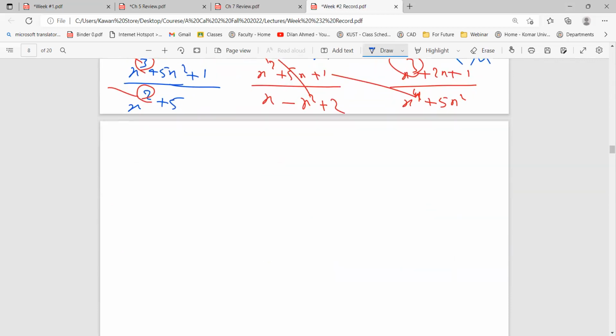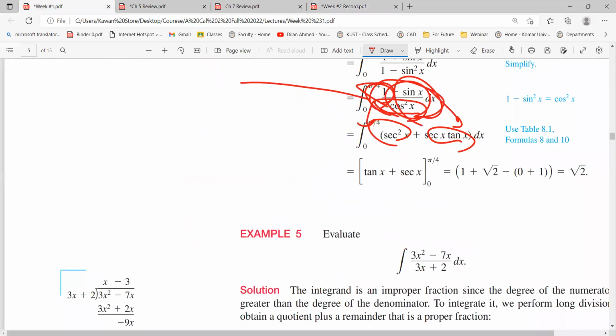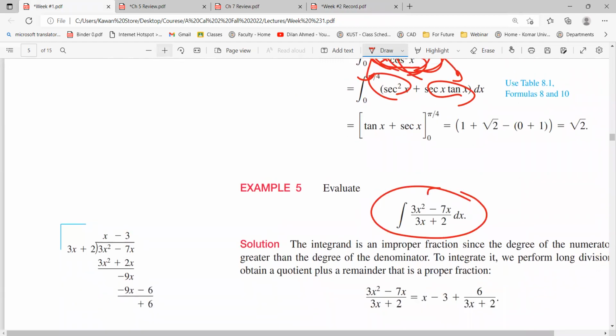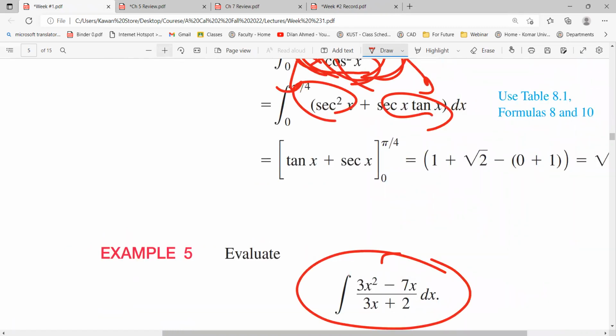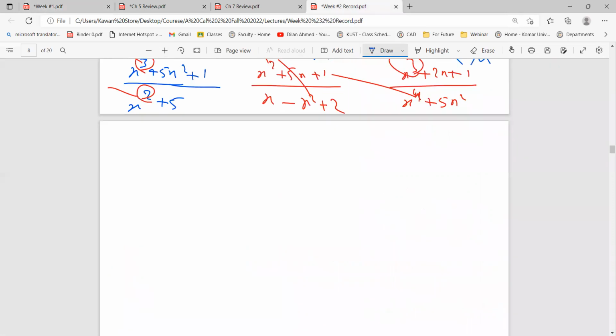So for now, I have such an example. Look here, which case do I have? Is the numerator or the denominator greater or less? The numerator is greater, right? So I'm going to use what? Long division. How do we solve that one? Long division is like that, understood?